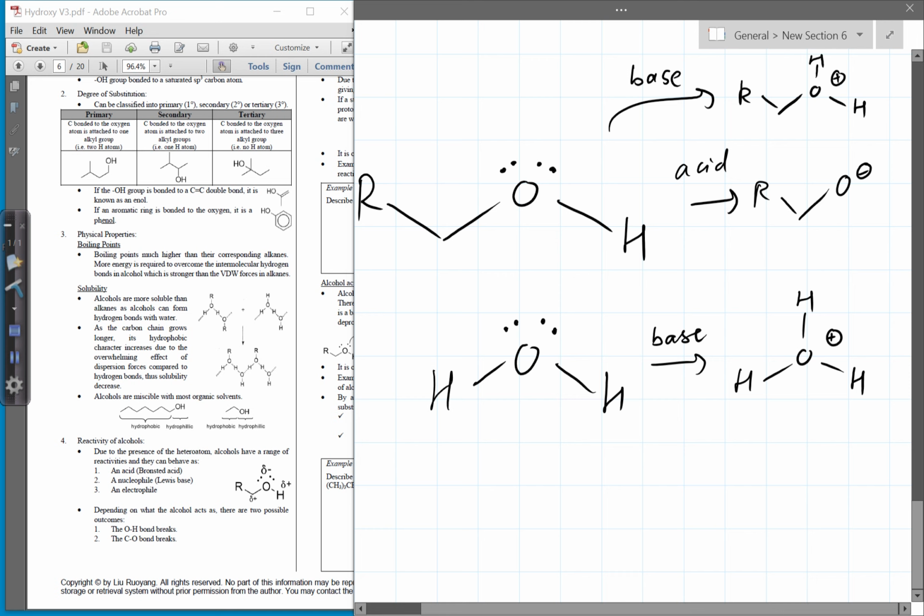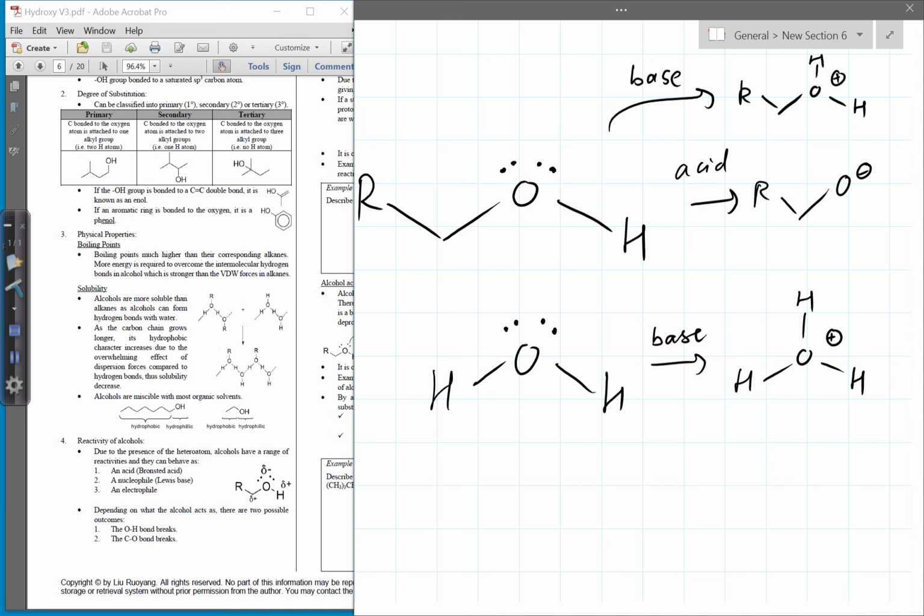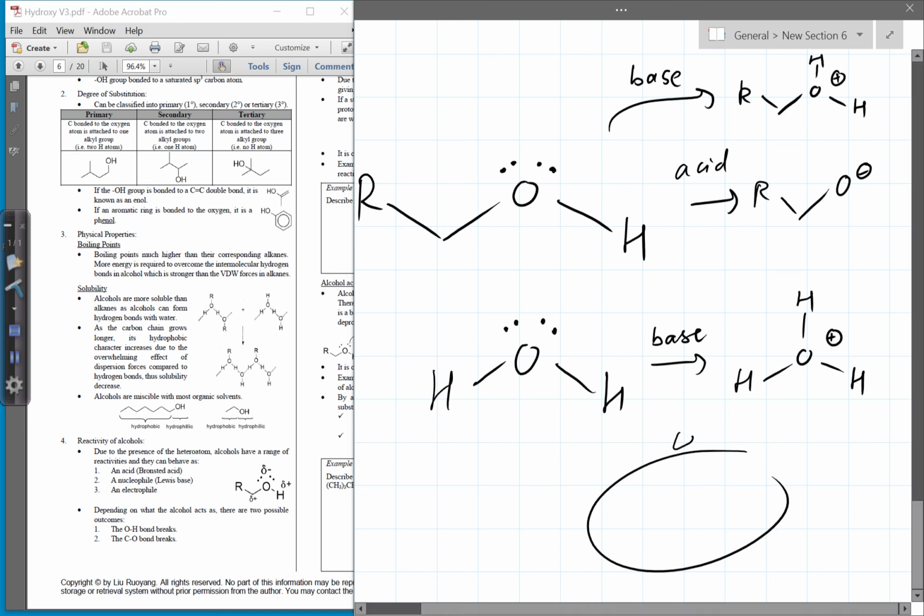Lewis base, Bronsted base, or what? It's a Bronsted base. You can also call it a Lewis base, because remember, your Lewis base is your widest one, your largest area, and your Bronsted base lies within it. So it's like a Venn diagram. So it can also act as a base.